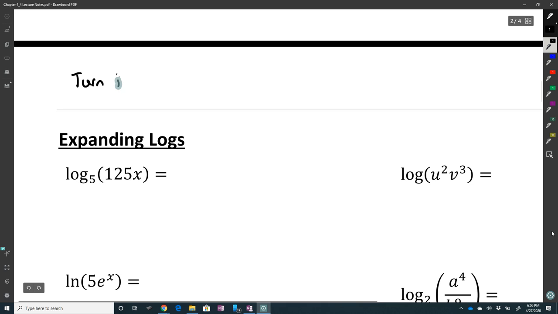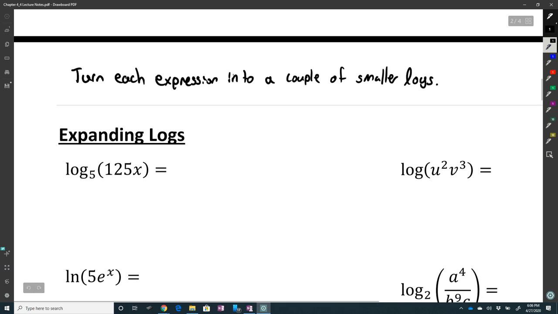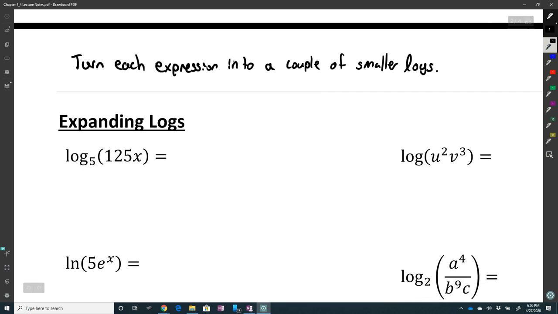So you're going to turn each expression into a bunch of smaller logs. Okay, so you have one log and you're trying to turn it into a bunch of logs.